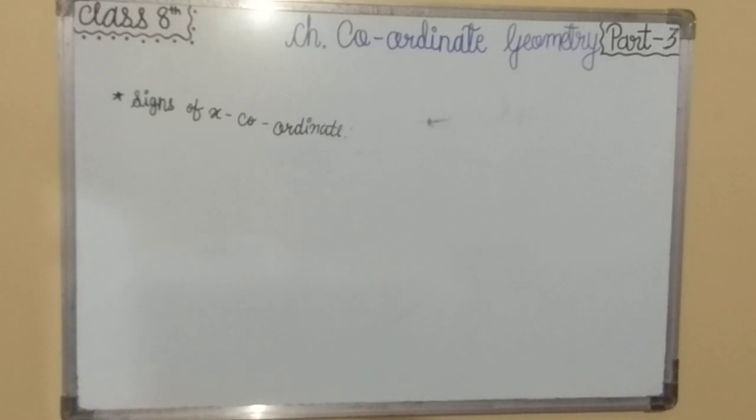We can generalize that all the points in 1 and 4 quadrants have their x coordinates measured in positive x direction, and hence the x coordinates are positive in 1 and 4 quadrants.